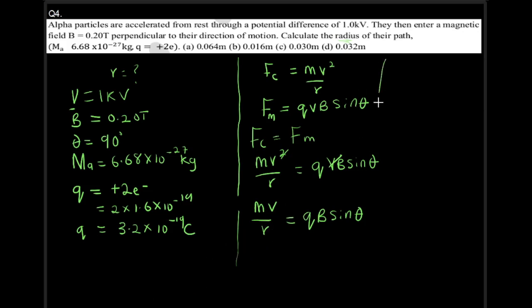Now to get V, we need to understand something: a particle that moves through a potential difference V will have an energy QV equals half mv squared. I'll take that again.